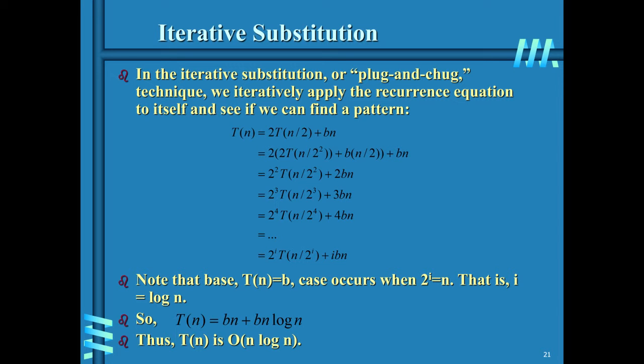Finally you have T(n) equal to 2 to the power of i times T(n/2^i) plus i bn. Note the base case T(n) equal to b occurs when 2 to the power of i equals n. In that case, i is equal to log n. So T(n) equals bn plus bn log n. We ignore the lower order term, then T(n) is big O of n log n, right?